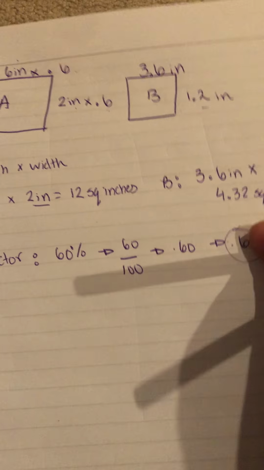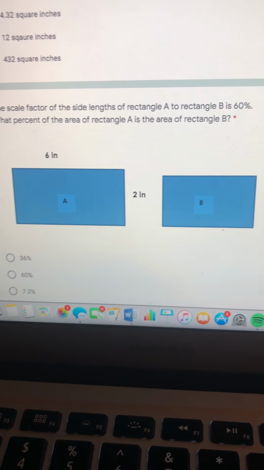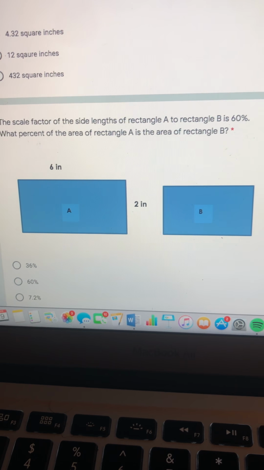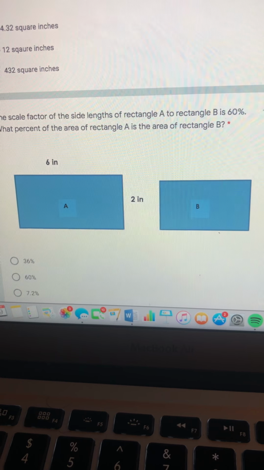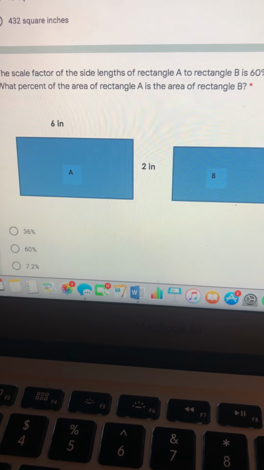Now we're going to answer the question. All of these steps were to answer this question right here. The scale factor of the side lengths of rectangle A to rectangle B is 60%. What percent of the area, which is tricky, right?